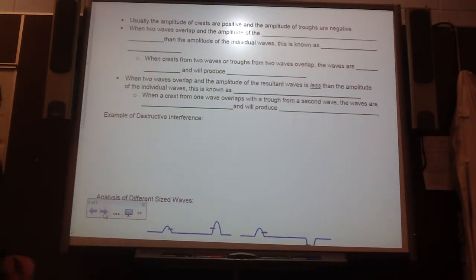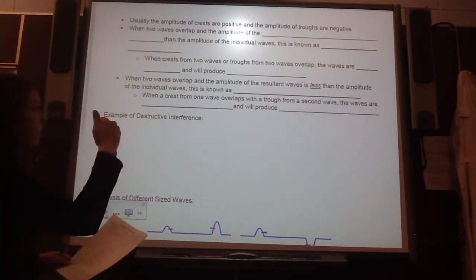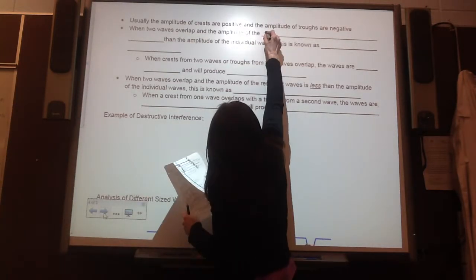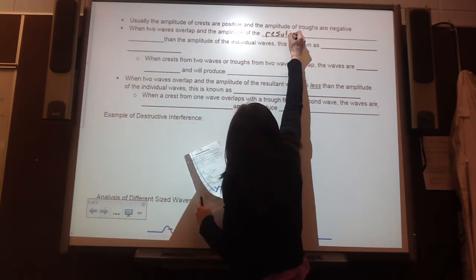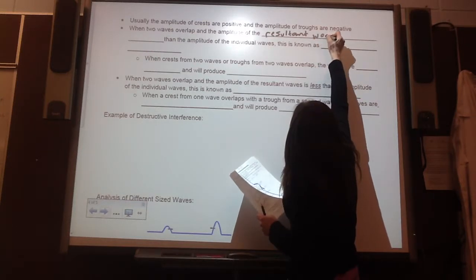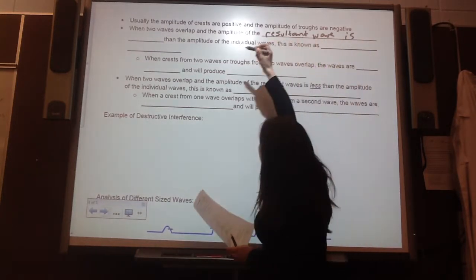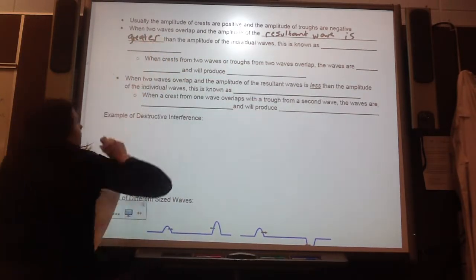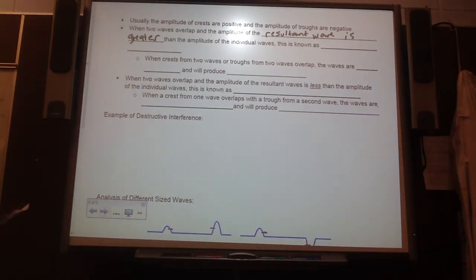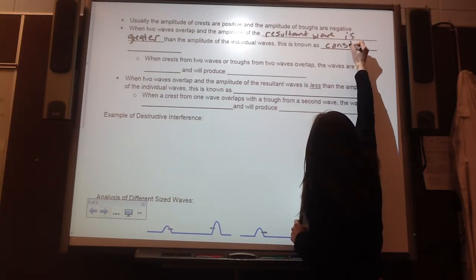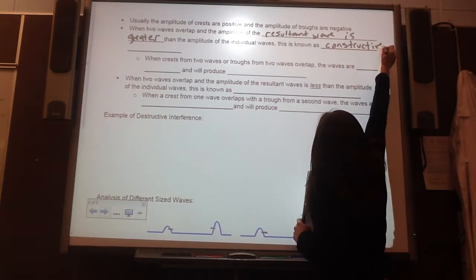Usually the amplitude of crests are positive and the amplitude of troughs are negative. We just set those to positive or negative. When the two waves overlap and the amplitude of the resultant waves is greater than the amplitude of the individual, this is known as constructive interference.